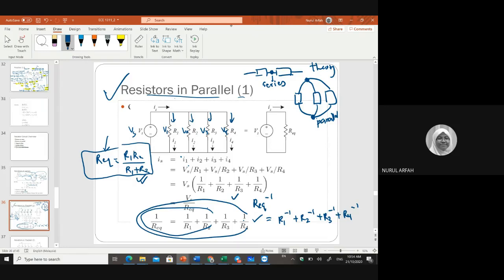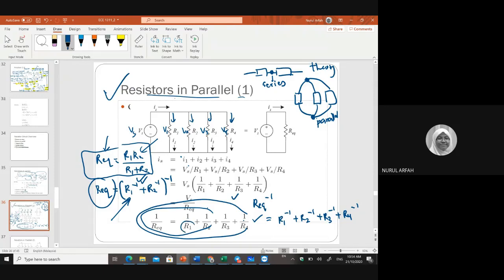What you should do is just R equivalent equal to R1 inverse plus R2 inverse, and then put inside a bracket and inverse all. Then you will get the R equivalent. This one you can do using your calculator. I don't want you to apply this because it's quite complicated.